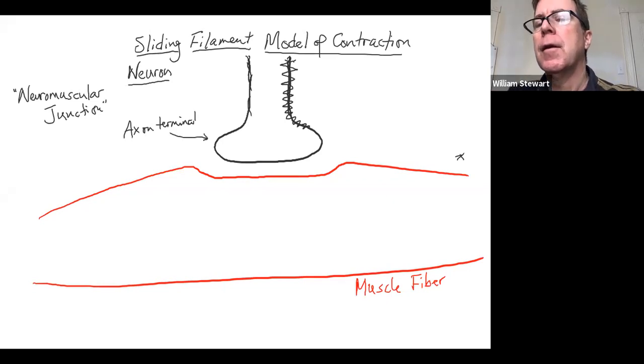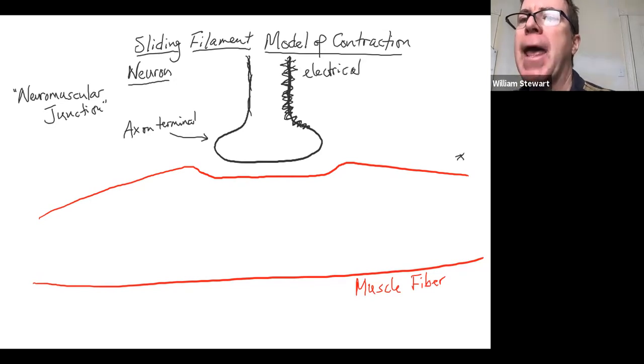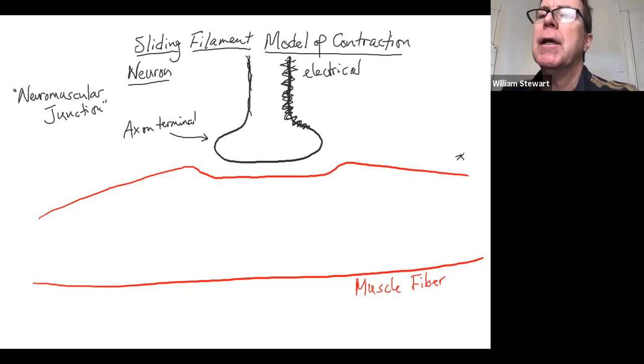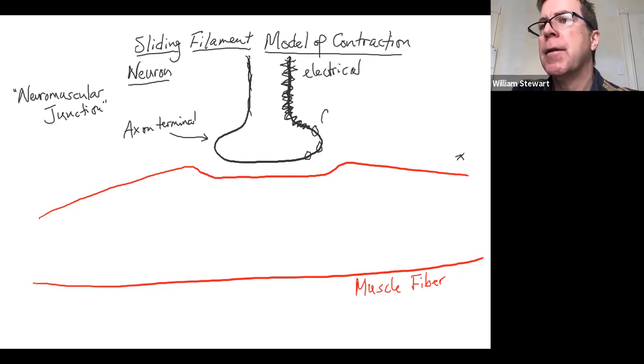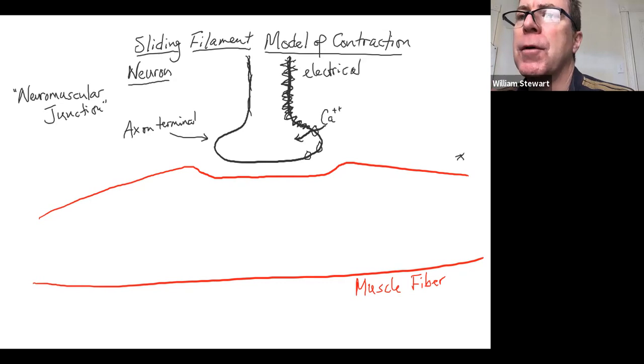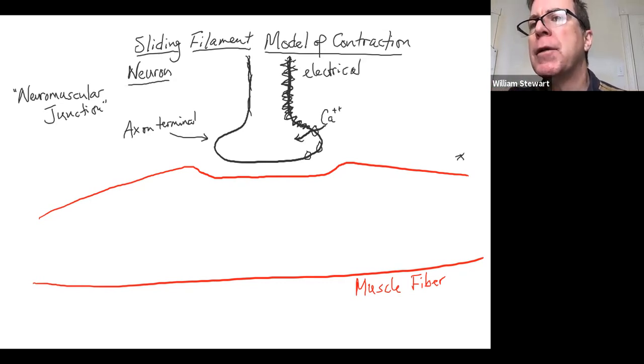When it reaches the terminus end, pores on the membrane open up. So I'm just going to draw holes here. And calcium ions that are out here in the extracellular fluid influx into the axon terminal. So we have an electrical impulse, calcium influx into the cell.